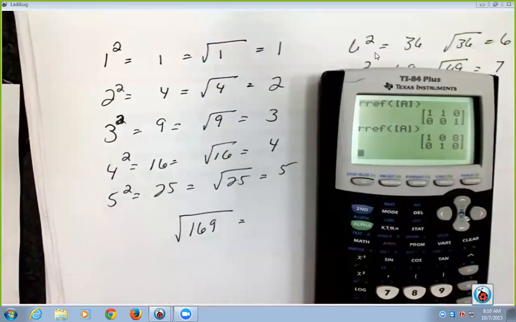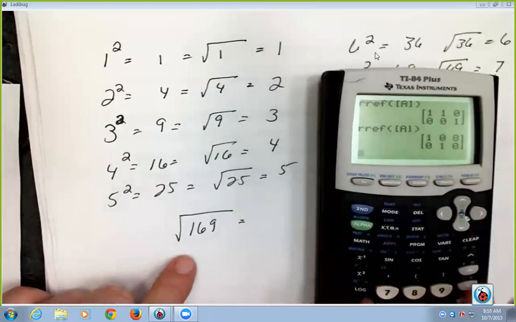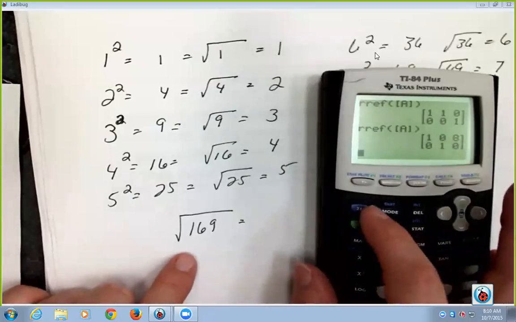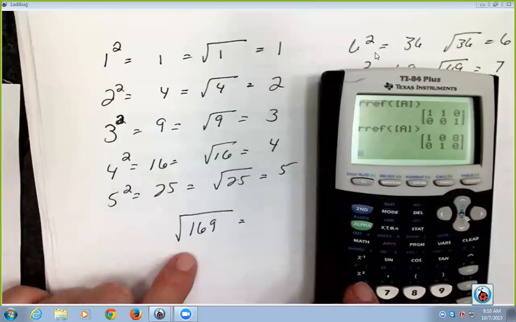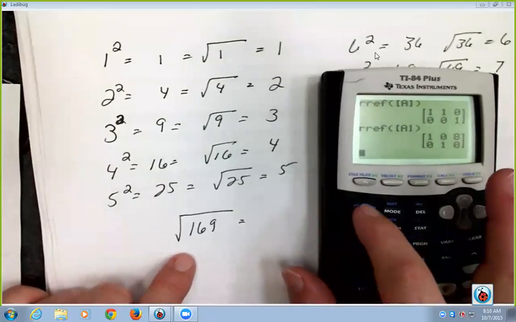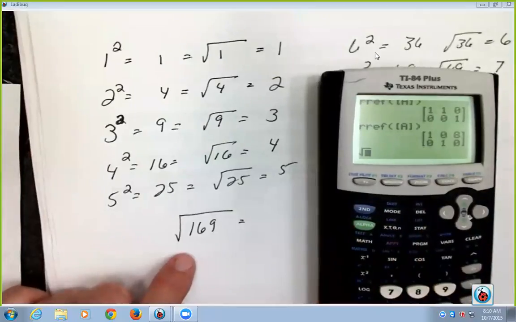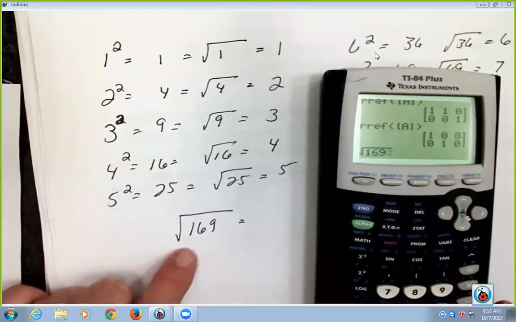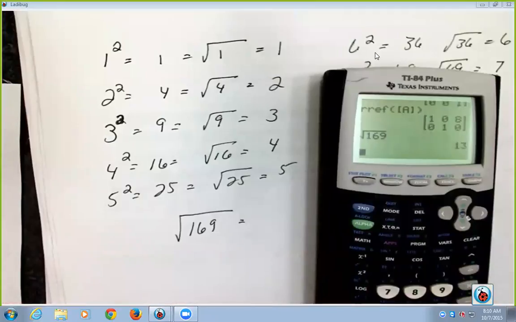Oh, maybe this camera up here is better than the last one. That's good. If I want the square root of 169, my square root is right above my x squared on my calculator. So I would go second, x squared. It gives me a square root symbol, and I put in 169. Then if I hit enter, it gives me what that square root happens to be. In this case, it's 13. So 13 times 13 is a perfect square.